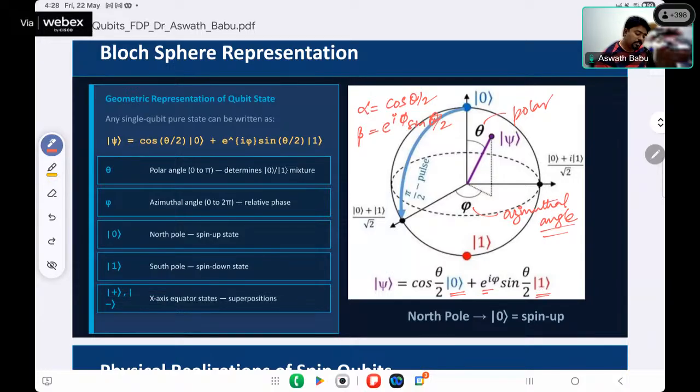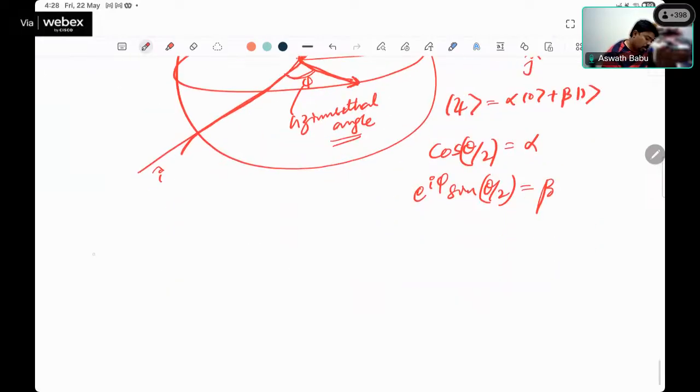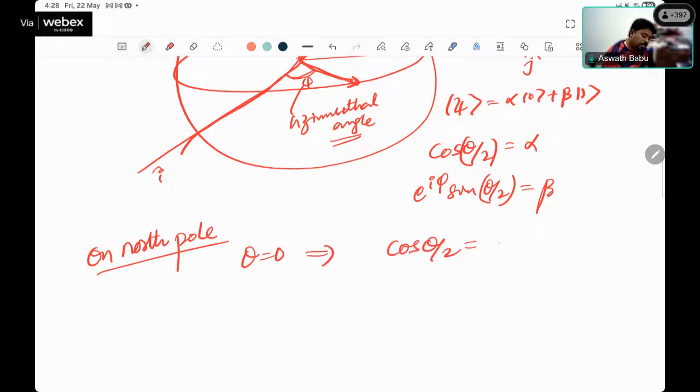If theta is 0, you are standing exactly on the North Pole. Your theta is 0, which implies cos(theta/2) is 1, which implies alpha is equal to 1.